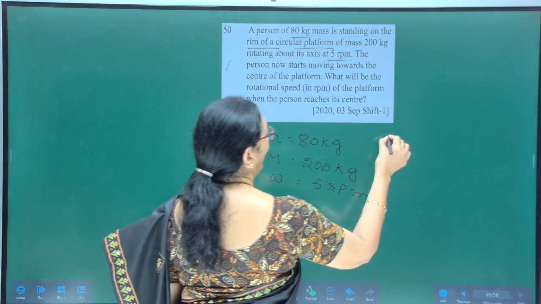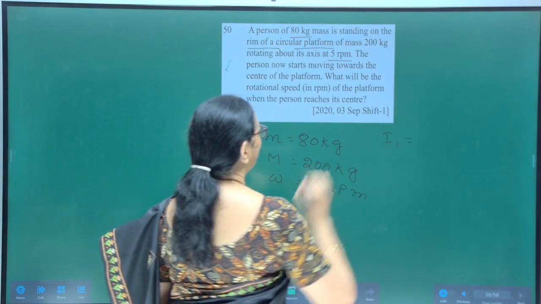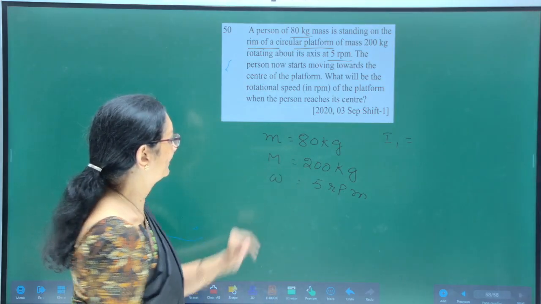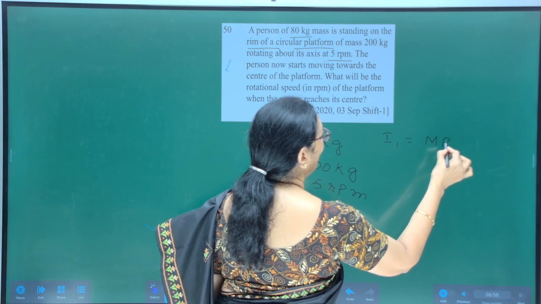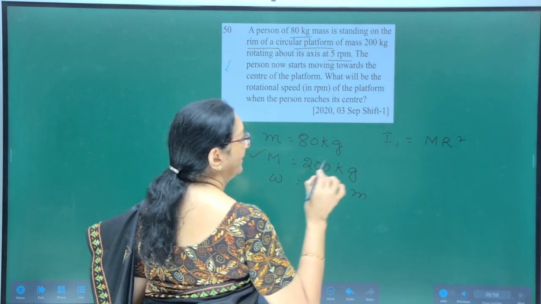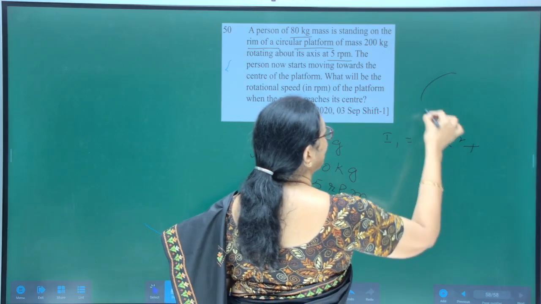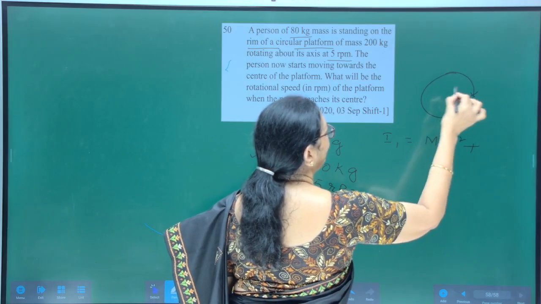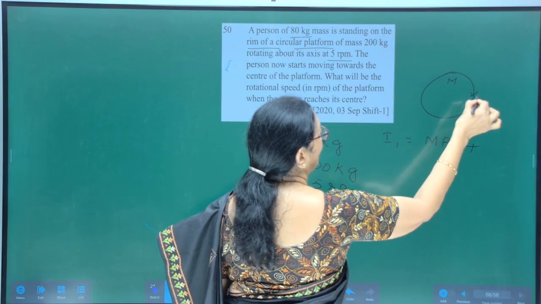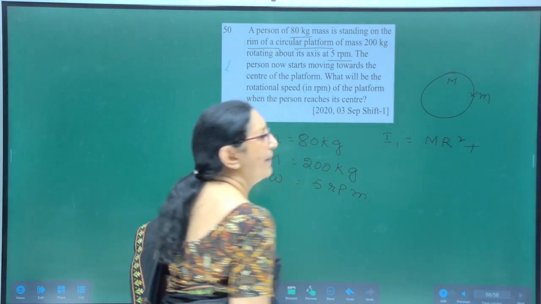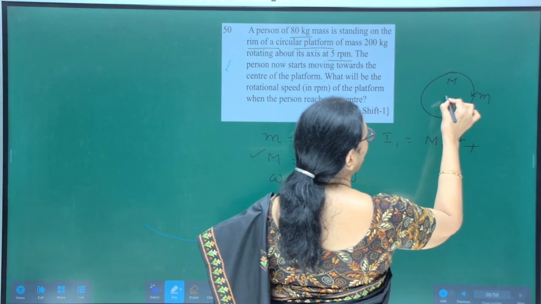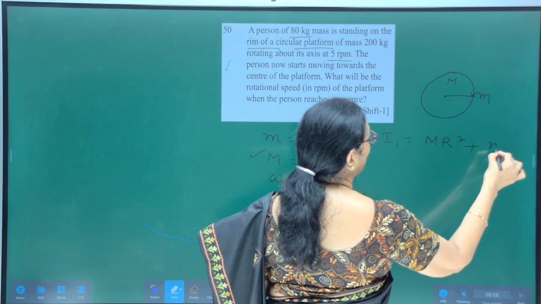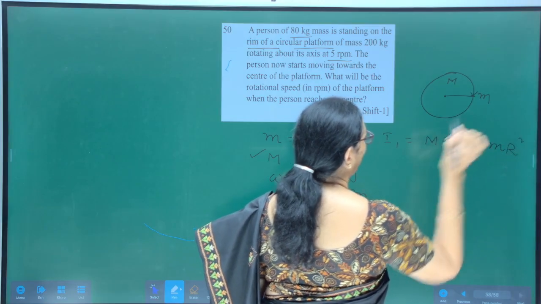So here I1, the moment of inertia of the disc about the central axis, is mr square by 2, plus, on the disc of mass M and radius r, at the edge a man of mass m is standing, so his moment of inertia about the central axis becomes mr square.